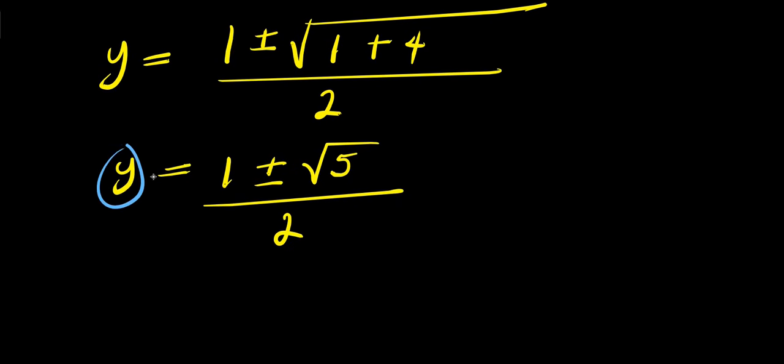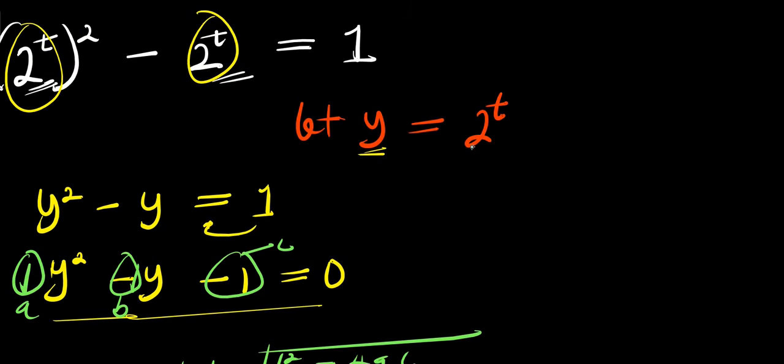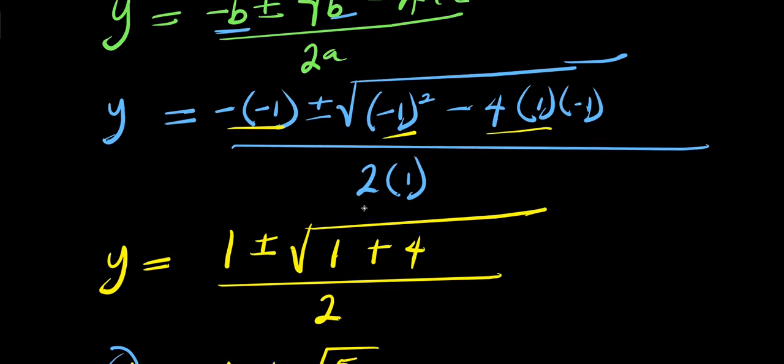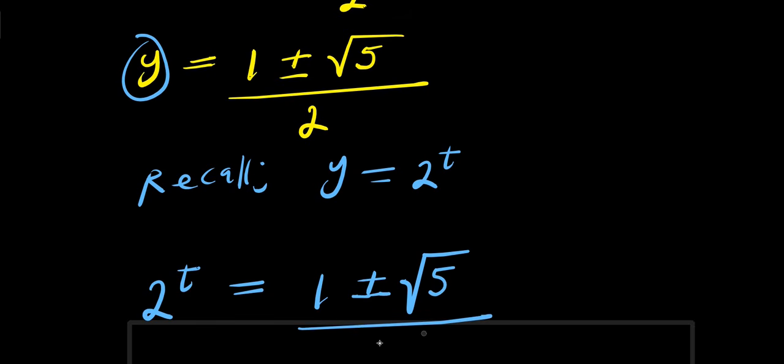Now this is y, so recall we had y equals 2 power t. Remember this? So we are going to solve in respect to t. We have 2 power t equals 1 plus or minus the square root of 5 divided by 2.